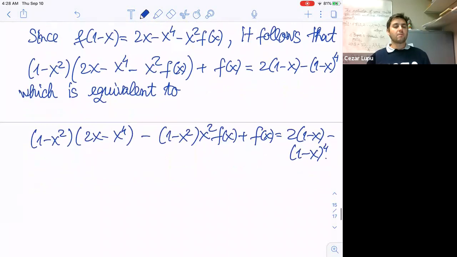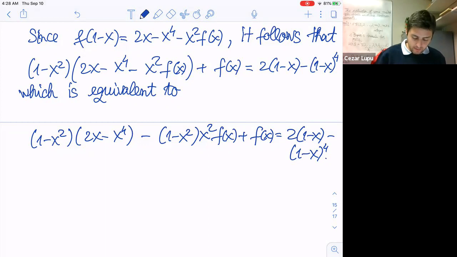Anyway, this is just a matter of computations, but I can see the function. I'll leave it to you as details.